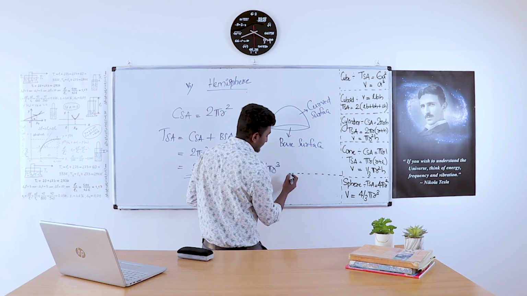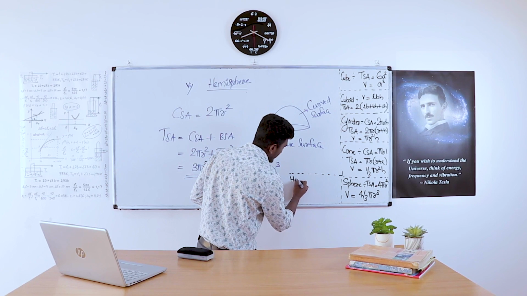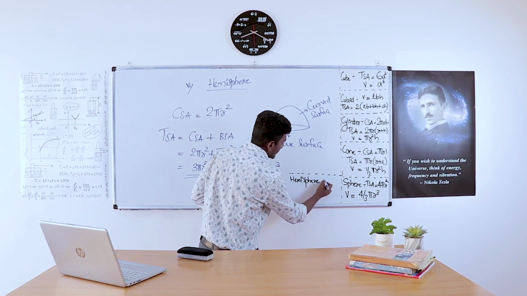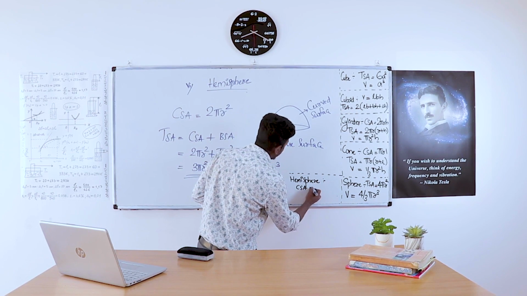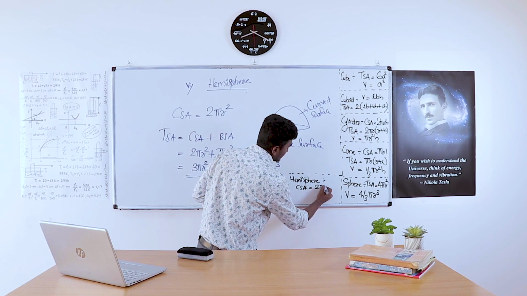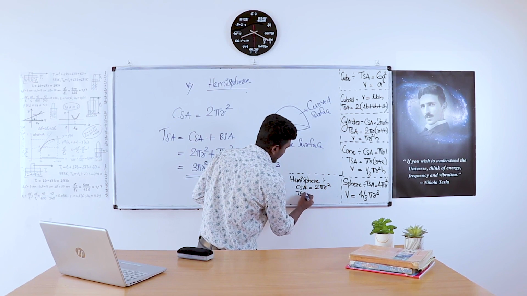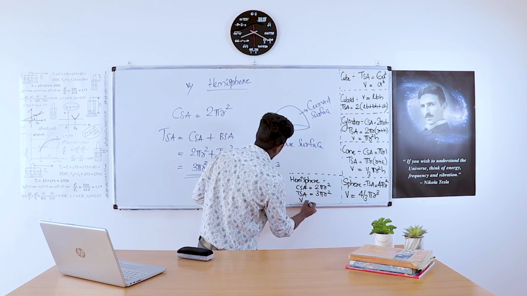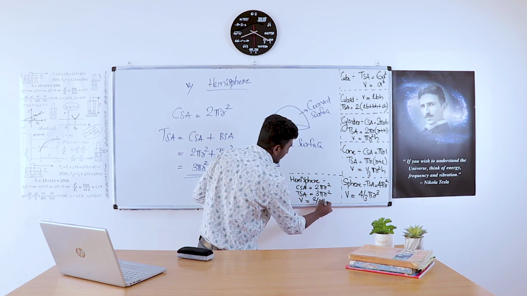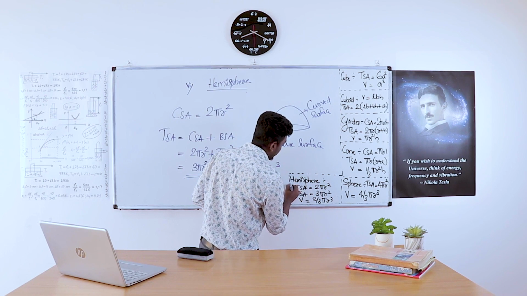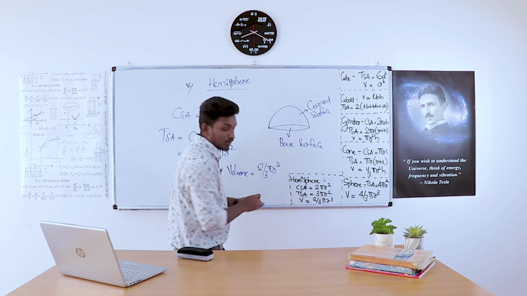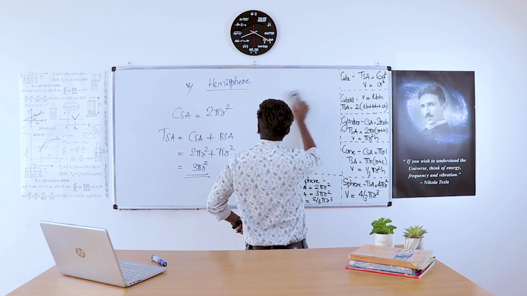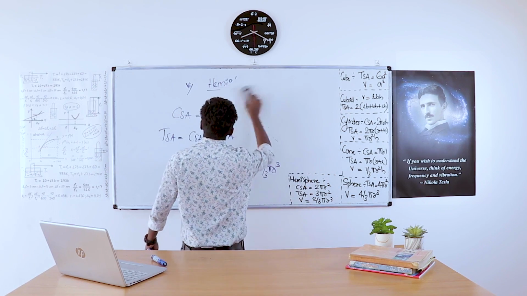So I am writing here, in case of a hemisphere, CSA is equal to 2 pi r square, TSA is equal to 3 pi r square, volume is equal to 2 by 3 pi r cube. Now all the equations related to this chapter are completed with the sixth one, that is a hemisphere.